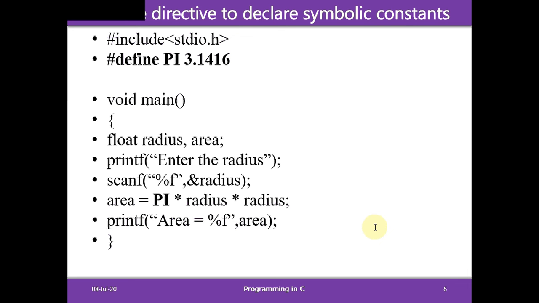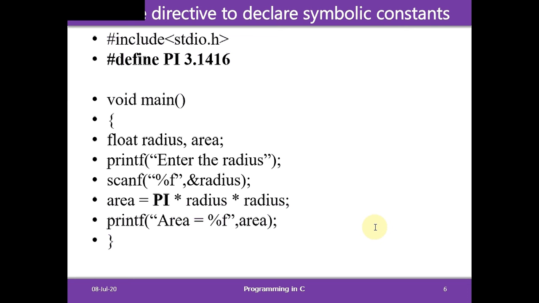So this is the next slide, defining the hash define directive. These define symbolic constants as represented earlier. Pi is a constant value, and this can be specified after the include statements. Hash include stdio.h, and after that hash define pi 3.1416 is given in the program itself.